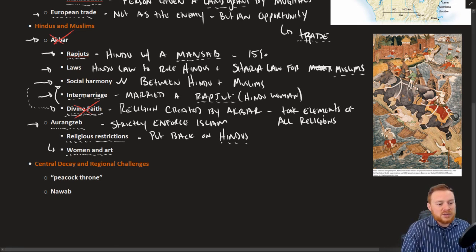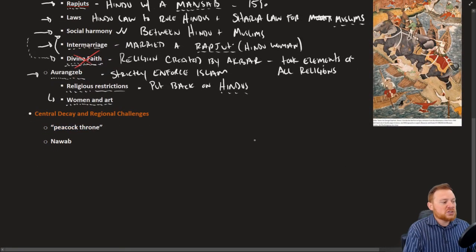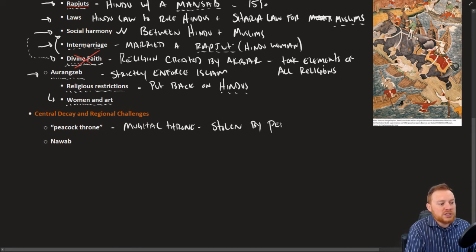Now, during the late 1700s, the Mughals experienced certainly more decay and, again, more regional challenges. In the early 1700s, the peacock throne, the Mughal throne, was stolen by Persians who successfully raided the Mughal city. The peacock throne, in a lot of ways, was like the symbol of Mughal power.